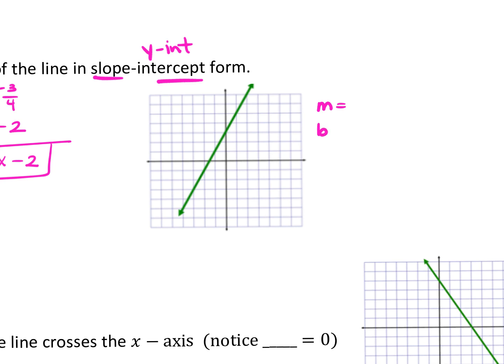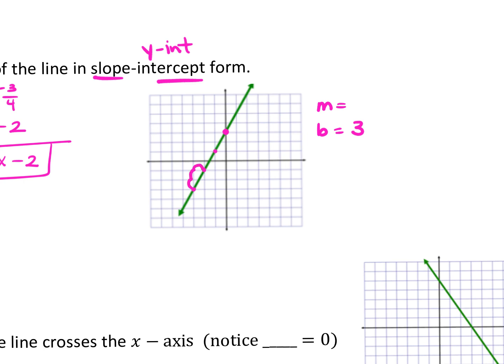What'd you get for b? Sure. What's your b? 3, right? Where it hits the y-axis. So your b is 3. What'd you get for m? 2. Yes.